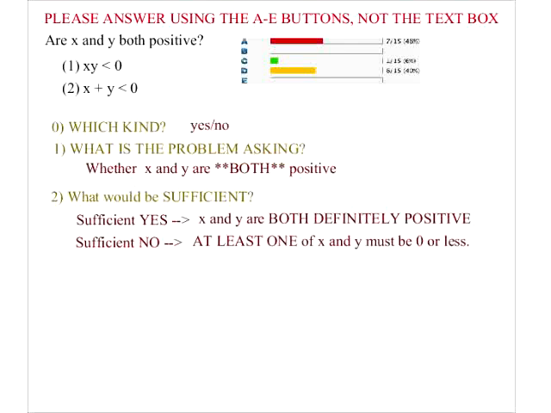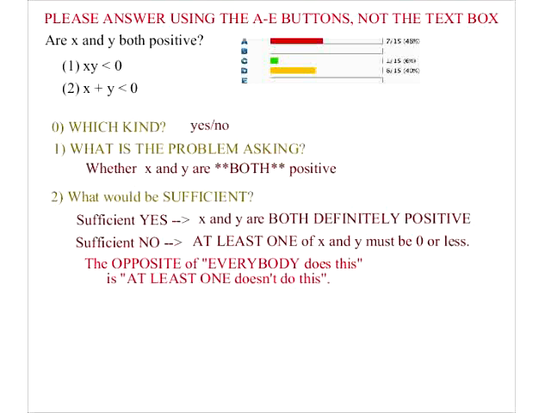Notice that it's just at least one. This is a huge, huge takeaway here that you should learn. The opposite of a statement of everybody does this is at least one doesn't do this. And similarly, it's vice versa.